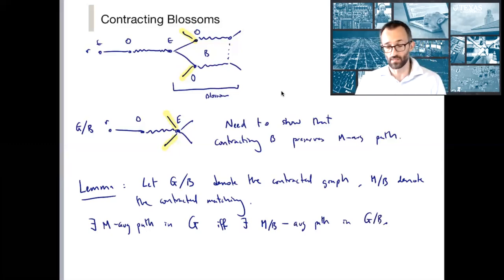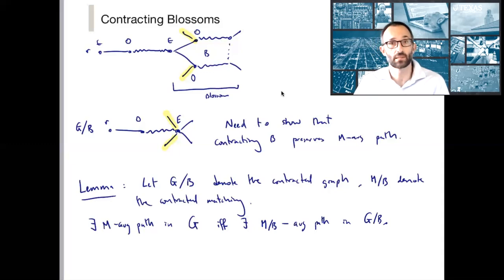So this tells us that I can continue this procedure, and what is going to happen? I contract a blossom every time I have an even to even edge. So at least the intuition here is that we're going to continue contracting blossoms, and one of two things can happen.